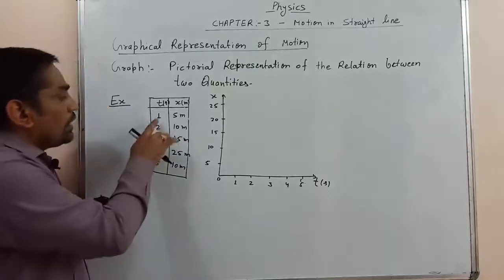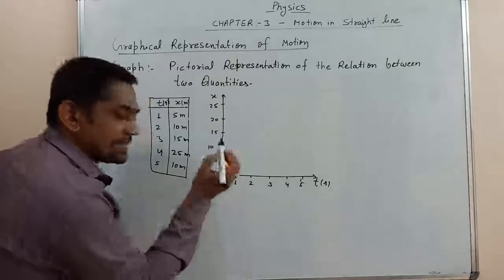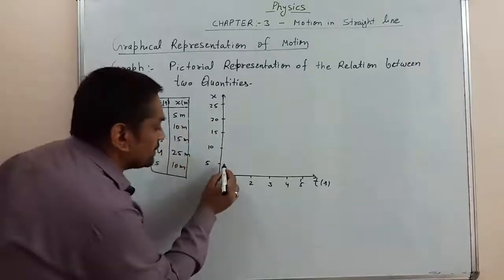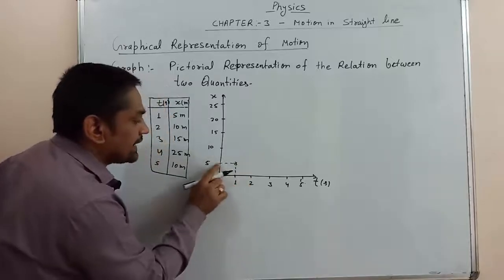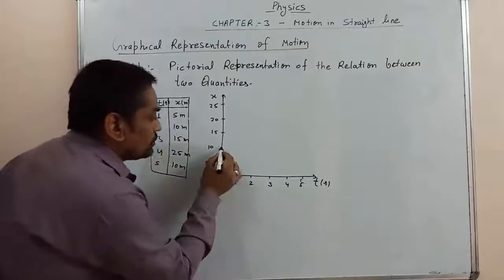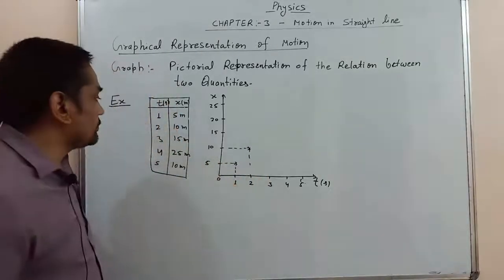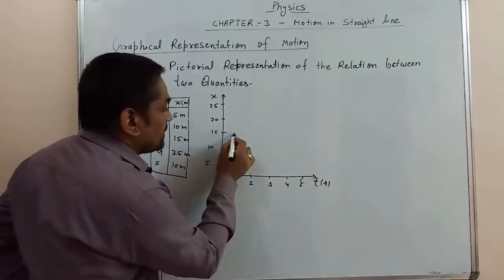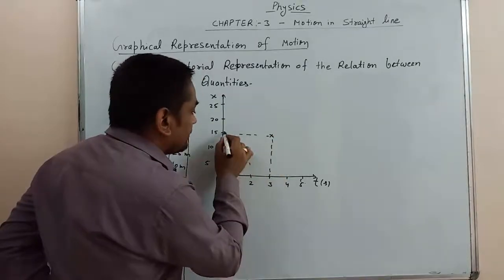First of all, 1 second is here, and after 1 second the displacement of the object is 5 meters. So this is the point. After 2 seconds the displacement is 10, so this is the second point. After 3 seconds the displacement is 15, so here is the third point.